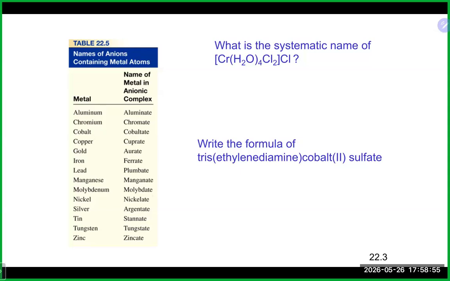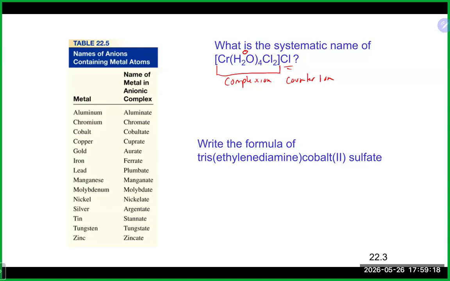So first one, we're looking for a name. Typically speaking, in the brackets, it's going to be our complex ion. That would mean our Cl here is our counter ion. We can figure out the oxidation state on our metal. We have 4 waters. Each water has no charge, so that's 0.